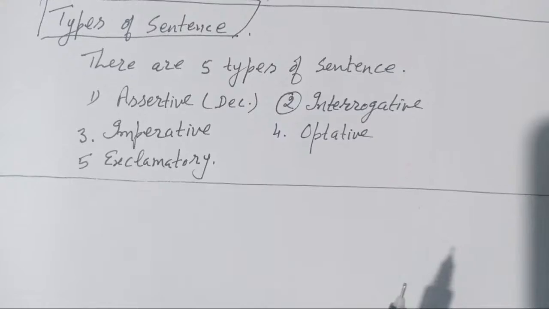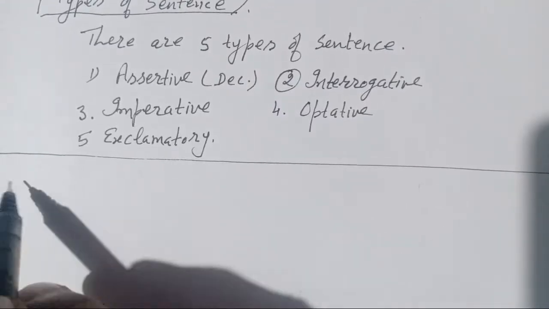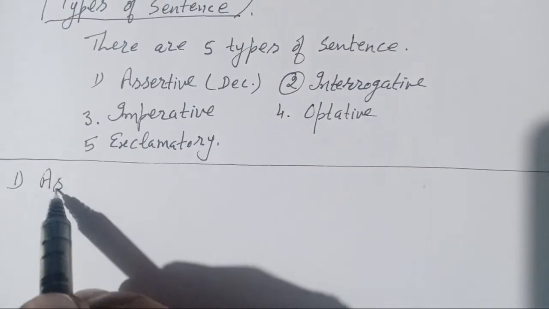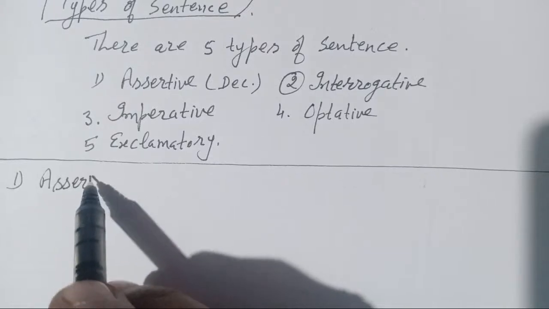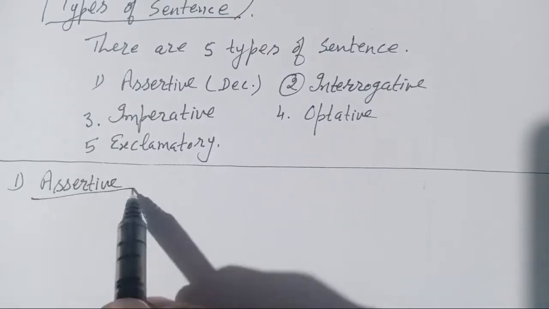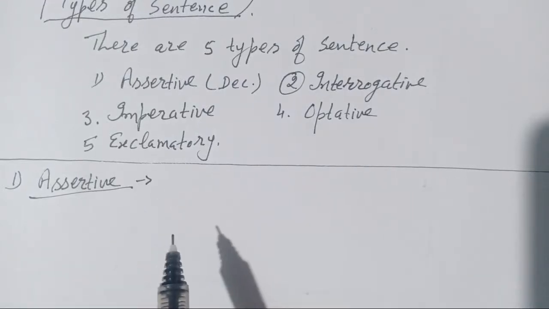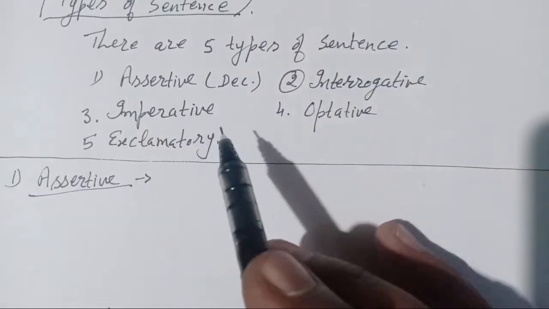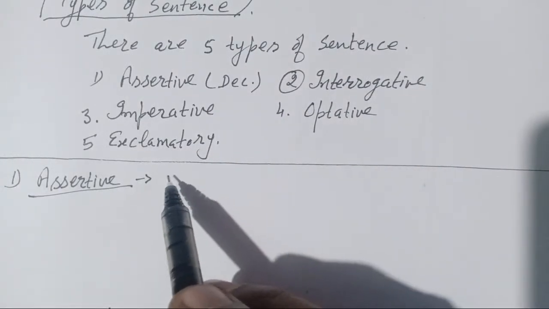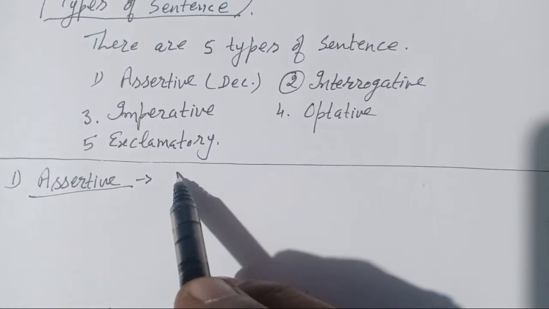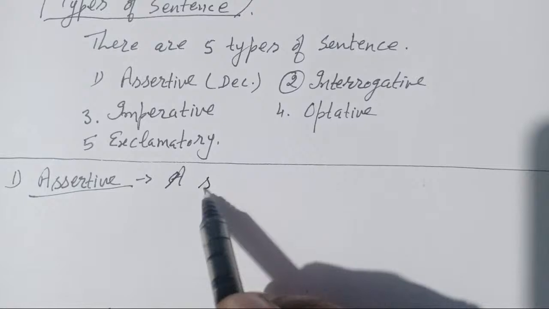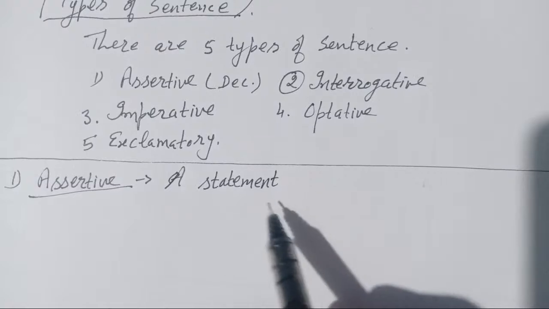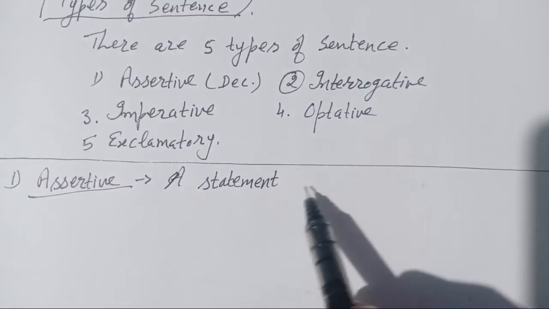So let's get started with assertive sentence. The first type is assertive. An assertive sentence is a sentence that makes a statement, or assertion.